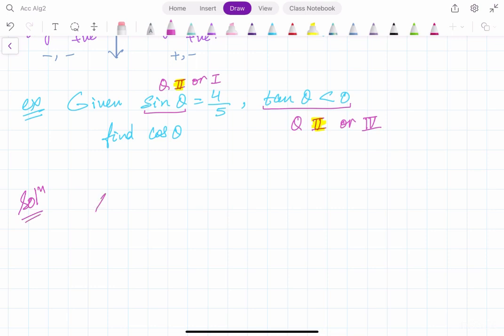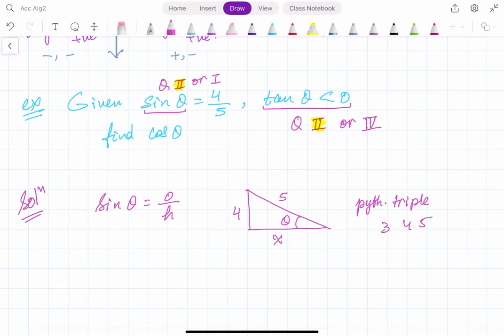So if we have to write the solution, sine theta is opposite over hypotenuse. So I can write 5 as the hypotenuse, and if I use the Pythagorean triple, we have 3, 4, 5. I know x will be 3.